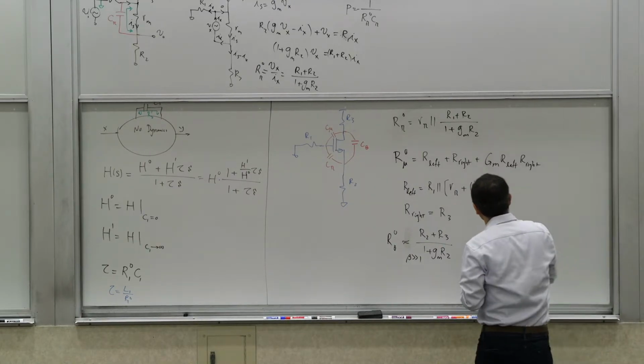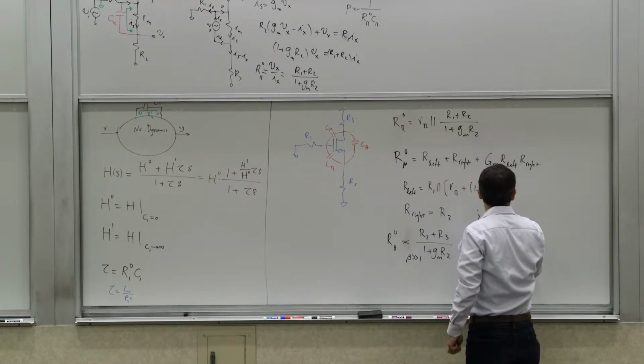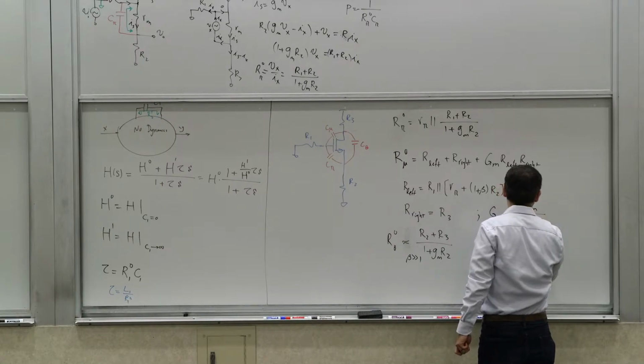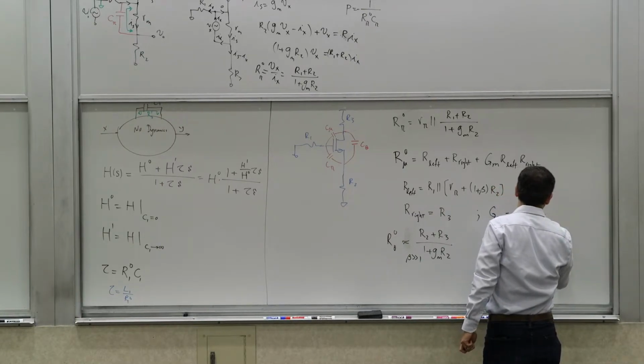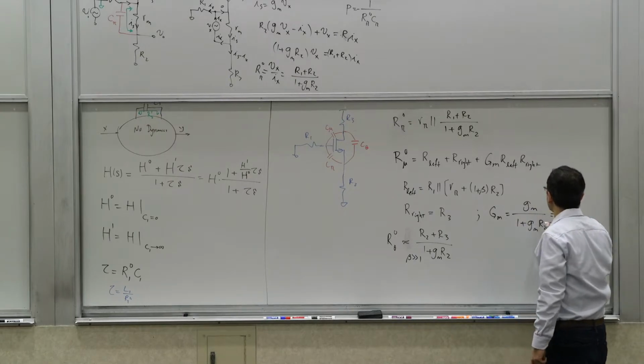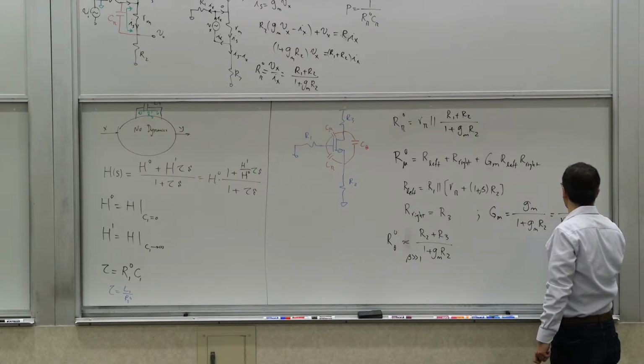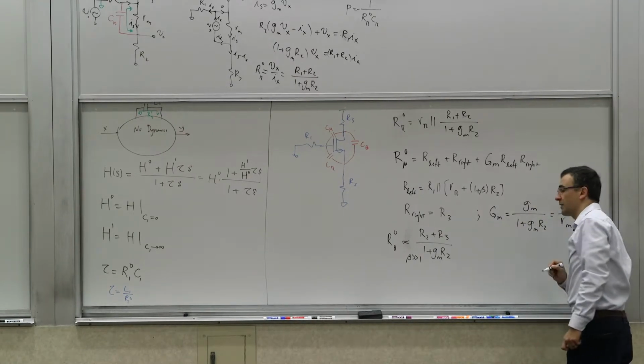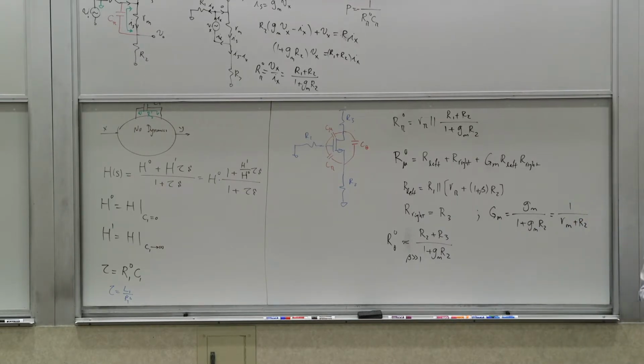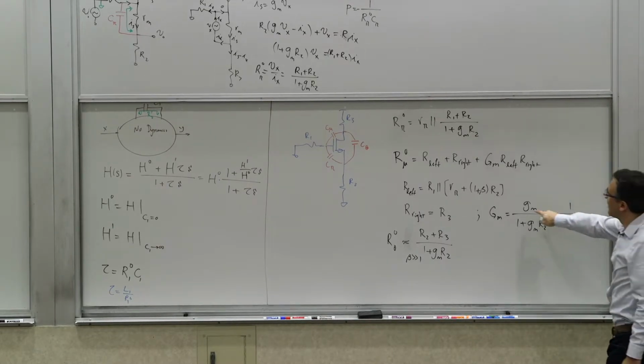Oh yeah, I forgot to mention that too. Okay, and this big GM is the GM of the transistor scaled by 1 plus GM R2, which you can also write as 1 over R mu plus R2. Yeah, thank you. So these are the 3 parameters that go in there.